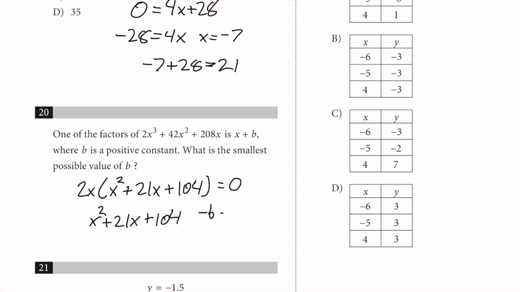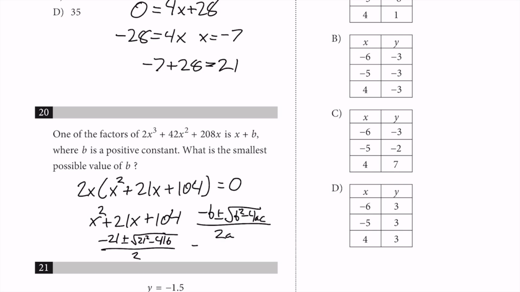So it's negative b plus or minus the square root of b squared minus 4ac all over 2a. So that's negative 21 plus or minus the square root of 21 squared minus 104 times 4, so 416, all over 2. So first let's work out 21 squared minus 416.